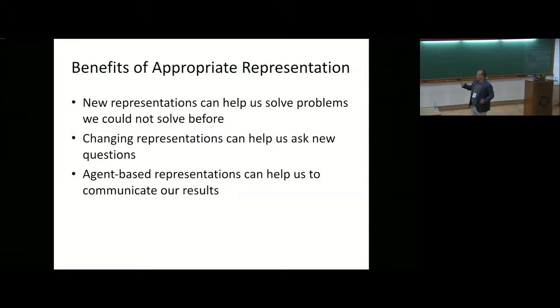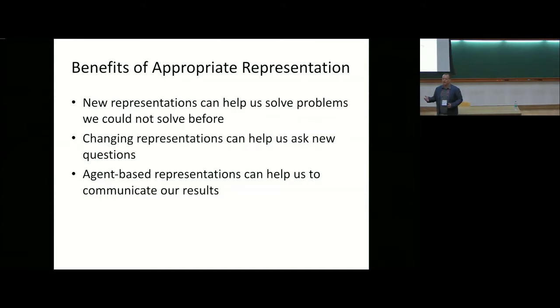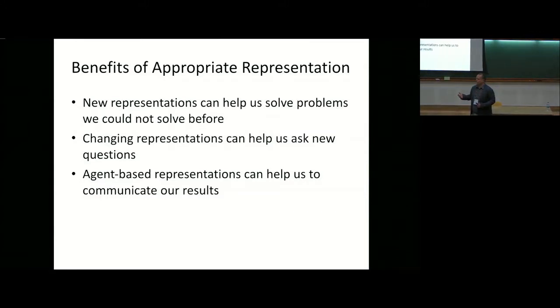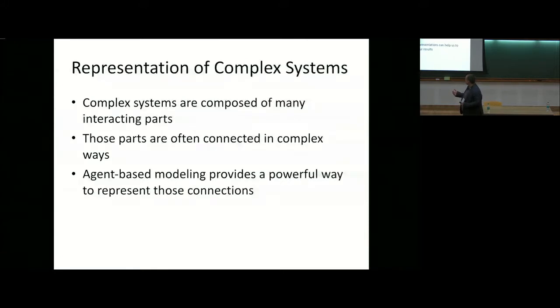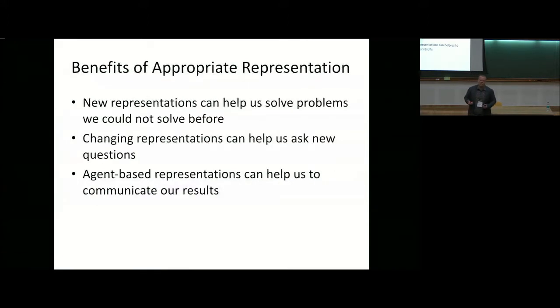But the agent-based model gives you a different representation that in many cases is easier to understand and a more powerful description of the system. In fact, new representations of a system can change the way we view things completely.